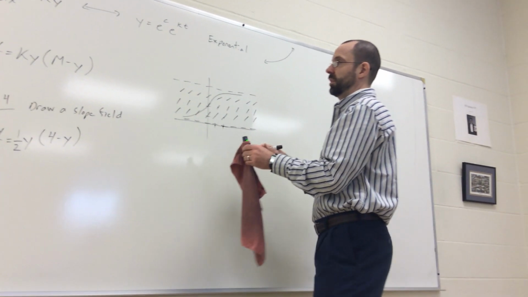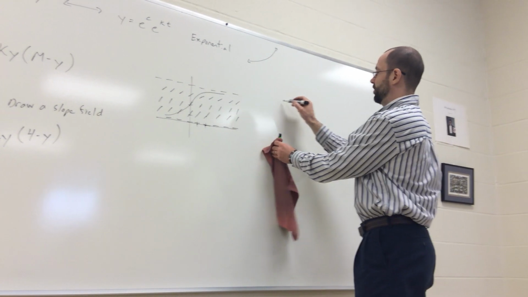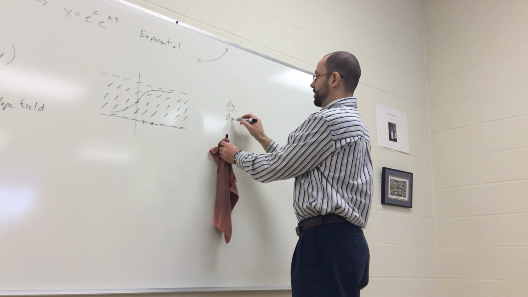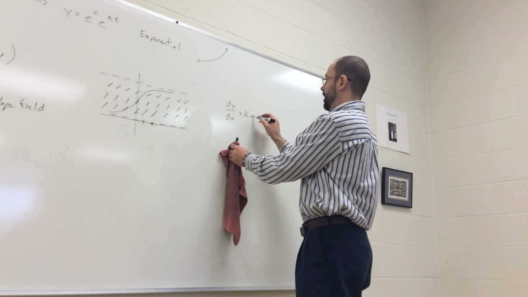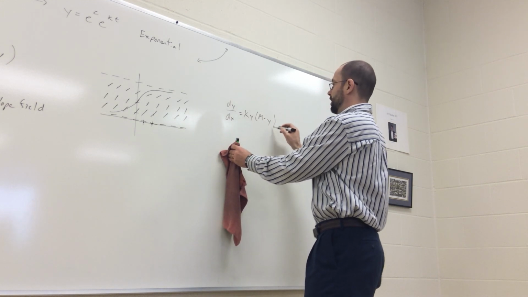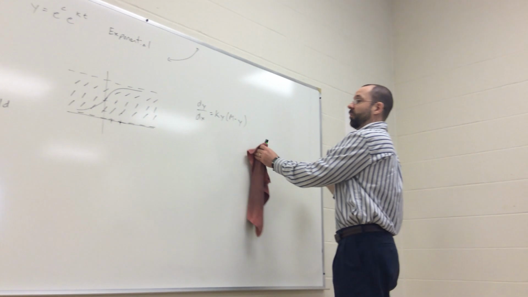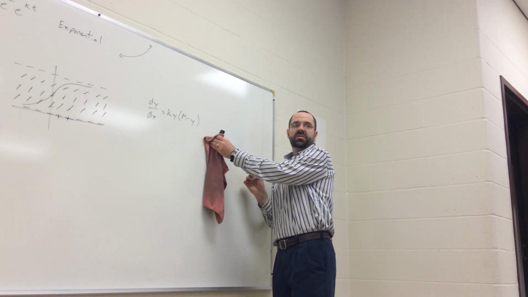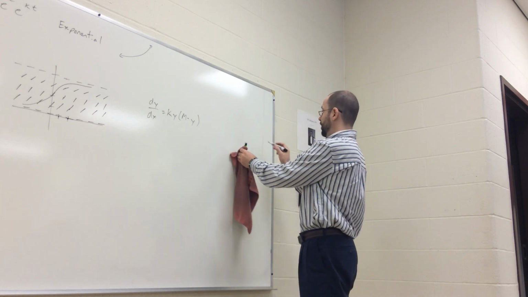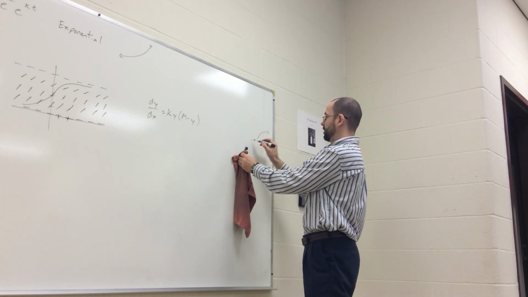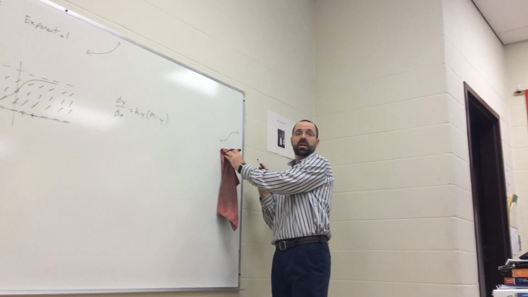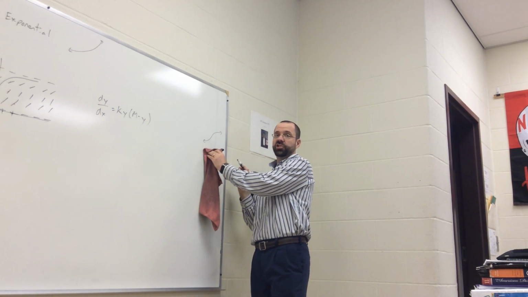Okay, so I guess I'll put it over here. For dy dx equals ky times m minus y, well, we don't know what y equals yet. We didn't separate the variables yet. We'll do that tomorrow. But we know that the curve looks like this. And this kind of a curve is called the logistic curve.